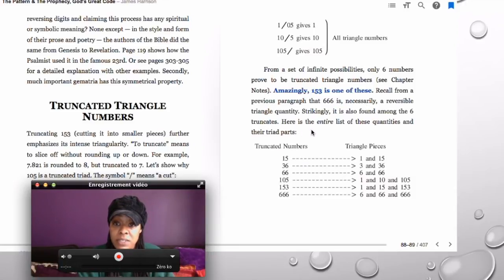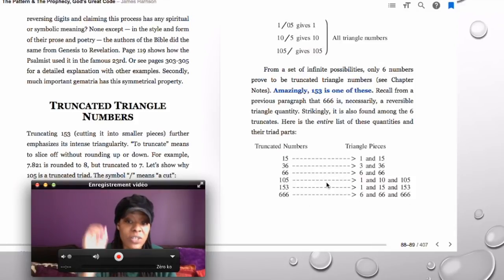Among the 6 truncated triangle numbers, these are the ones: 15, 36, 66, 105, 153, and 666. These are, in all of the infinite possibilities, the only truncated triangle numbers. That is amazing to me. And 666, for me, it's only by default because it has the same digits, right? But yeah, this is amazing.